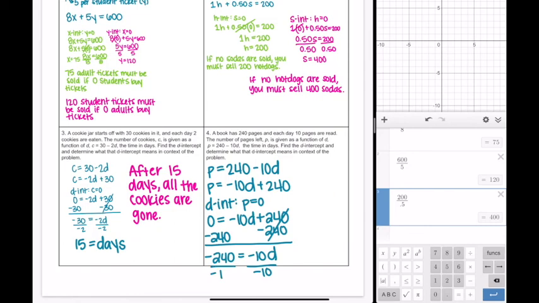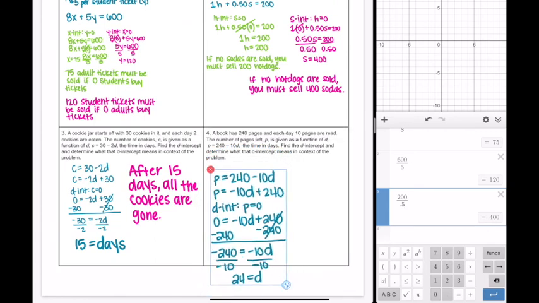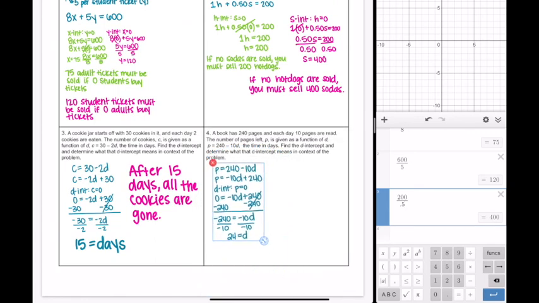So that gives us 24 equals D. Well, what does this mean in context to the problem? Well, we wanted to know what was the D-intercept. We found that that's 24, but 24 what? It would be 24 days because D represented the number of days.